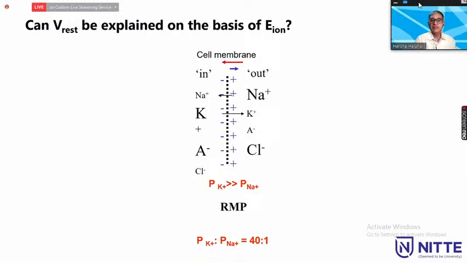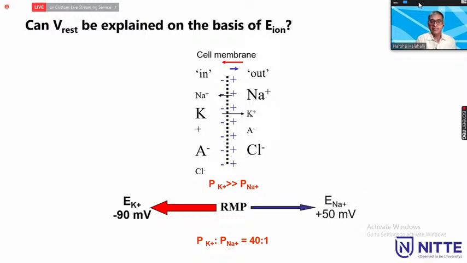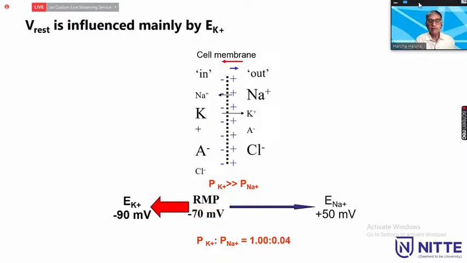potassium diffuses from inside to outside to a greater extent, sodium diffuses from outside to inside to a lesser extent, and ultimately the resting membrane potential is pulled towards the equilibrium potential of potassium, but it does not reach the equilibrium potential of potassium. It stops at around minus 70 millivolts.